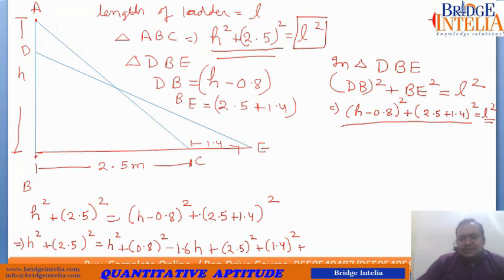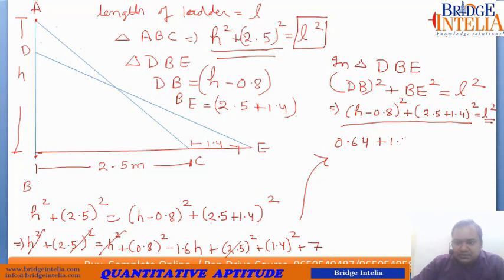So 2 into 2.5 is 5, and 5 into 1.4 is 7. Terms are going to get cancelled, this and this both will get cancelled. So 0.8 whole square is 0.64, plus 1.4 whole square is 1.96, plus 7 is equal to, and this minus 1.6H will go to that side and become positive.